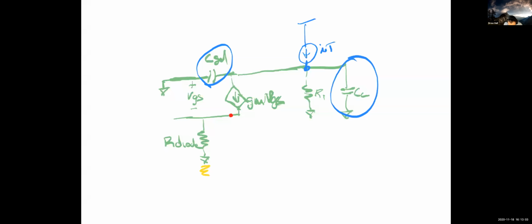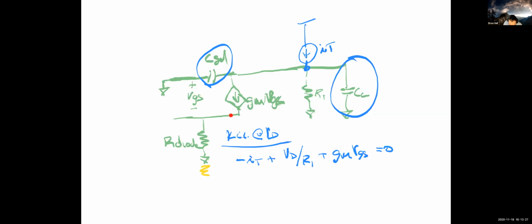So KCL at the drain. I will have minus IT plus VD divided by R1 plus GM VGS is equal to 0.